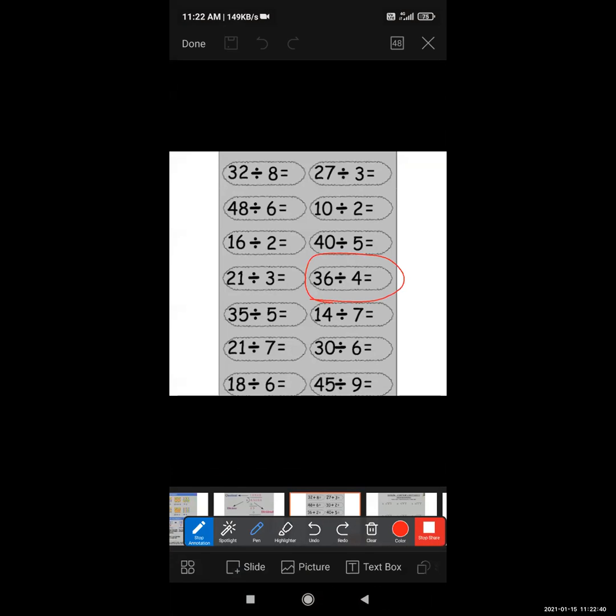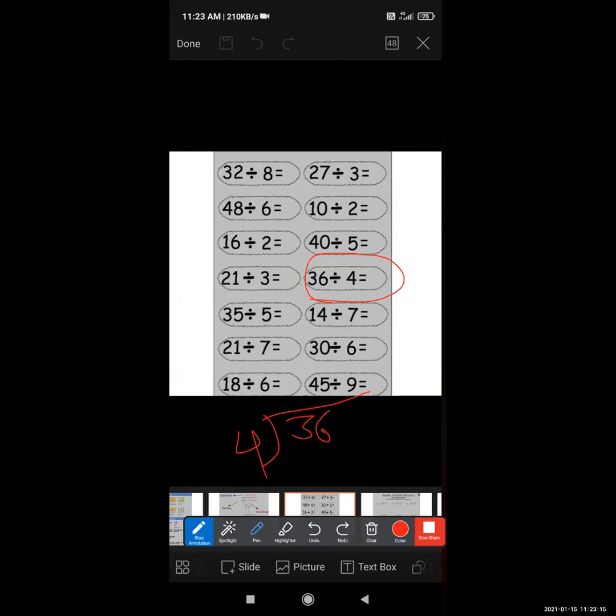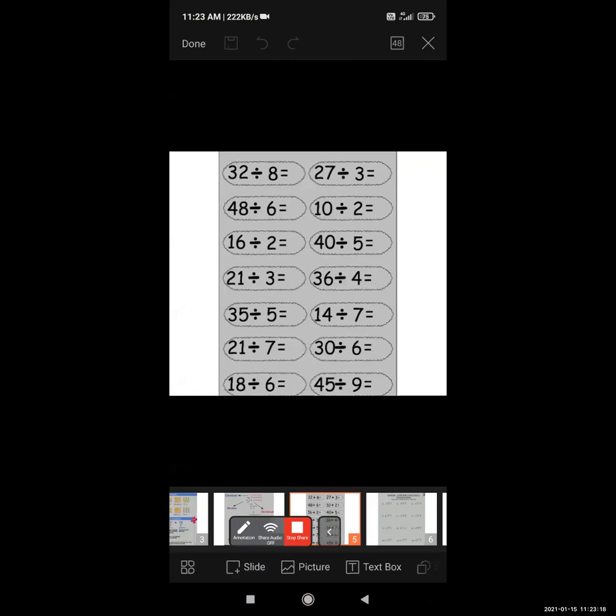In these two numbers, 36 is your dividend and 4 is your divisor. In the table of 4, 36 is there. Learn the table. If the same number is not there, then what do you want to do?